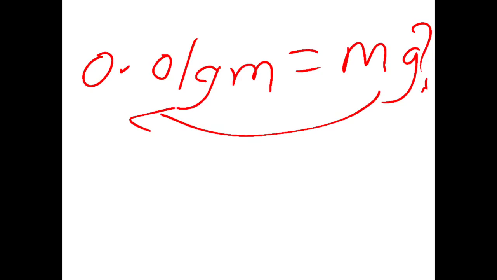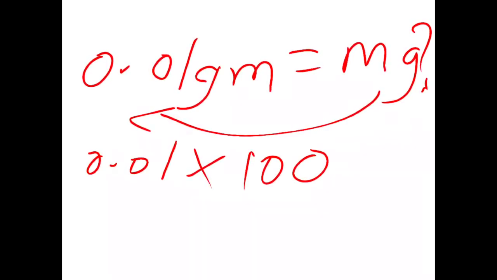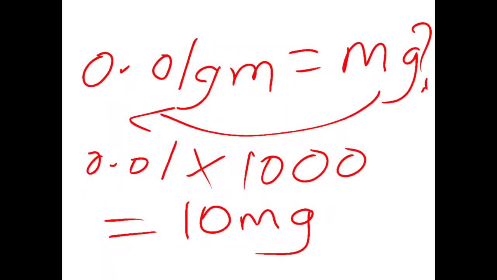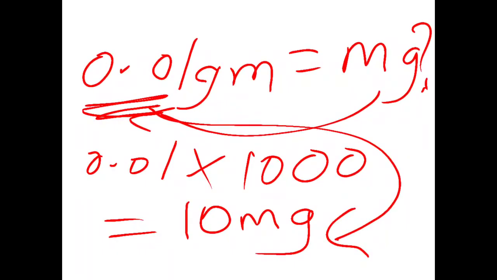Here what you are going to say is 0.01 multiplied by 1000, because you understand that what makes up 1 gram is 1000 milligrams, and that's why we multiply it by 1000. When you do this multiplication, you end up getting 10, and this is 10 milligrams. So 0.01 grams is equivalent to 10 milligrams.